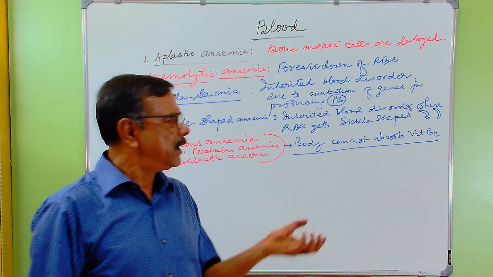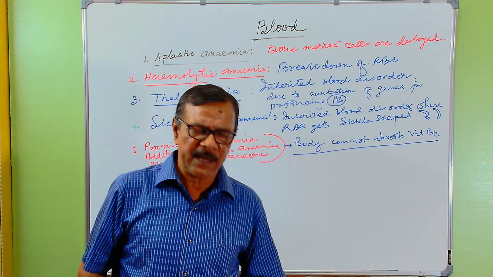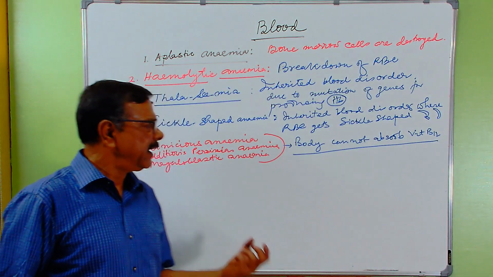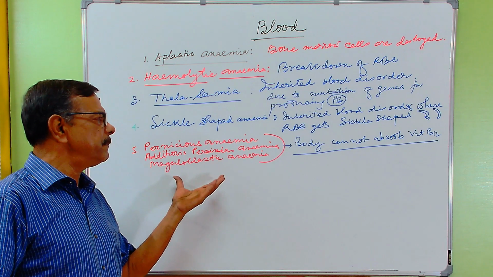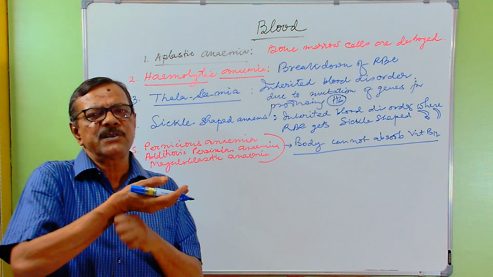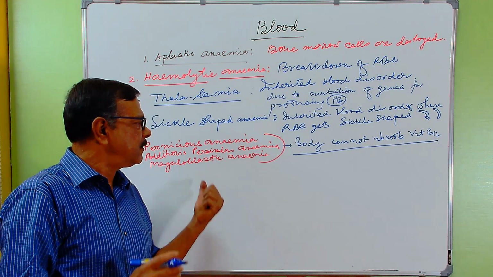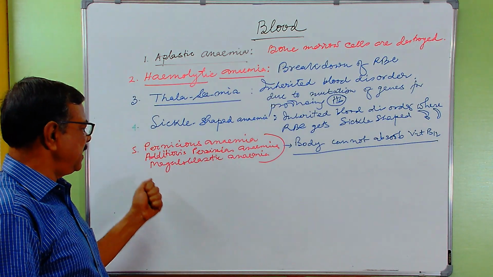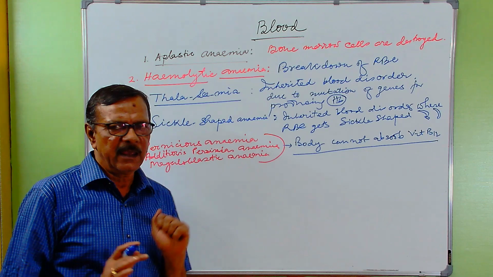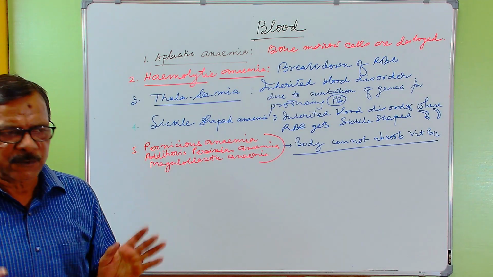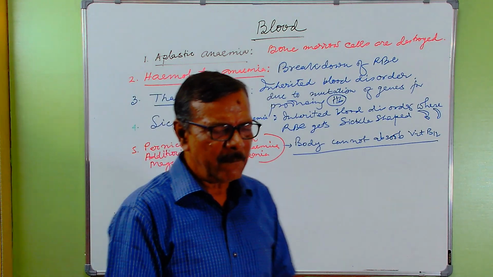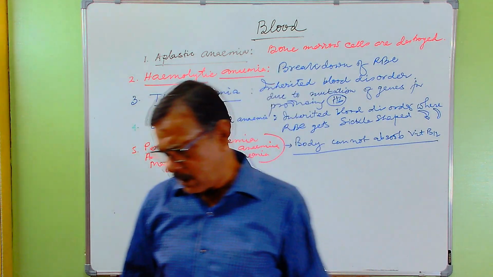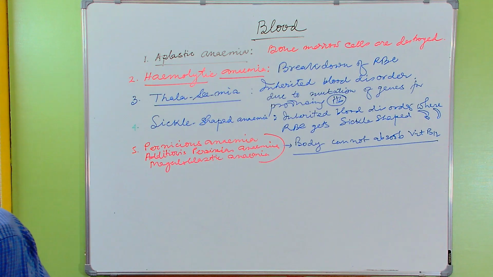If this vitamin B12 does not get absorbed from the duodenum of our body, then in the absence of vitamin B12, erythropoiesis does not occur. So it causes this pernicious anemia, or megaloblastic anemia. That is deficiency of vitamin B12. If you give more vitamin B12 by injection or by any means, then the disease can be cured.